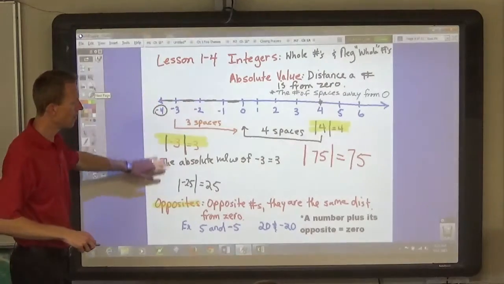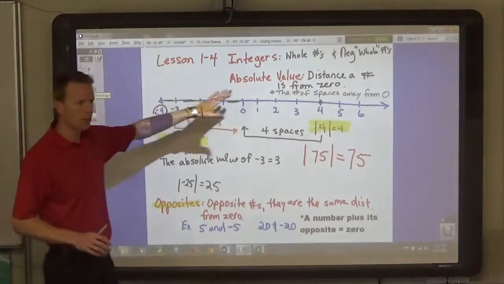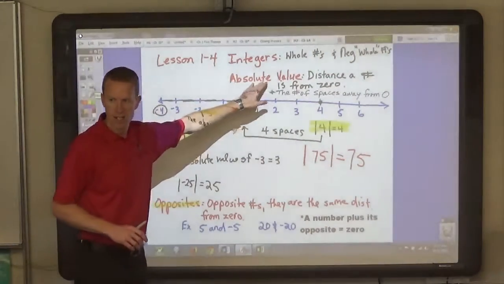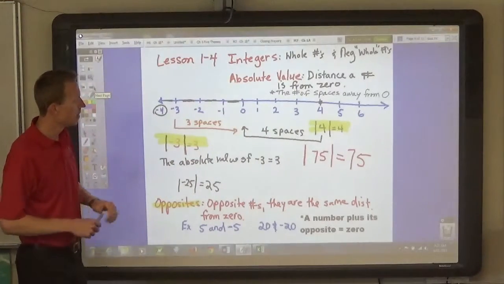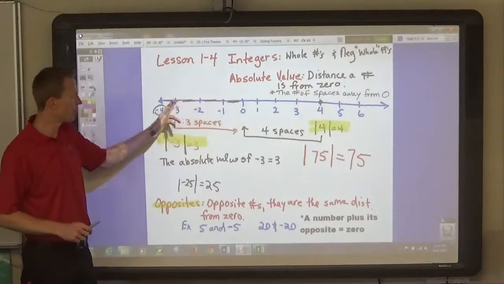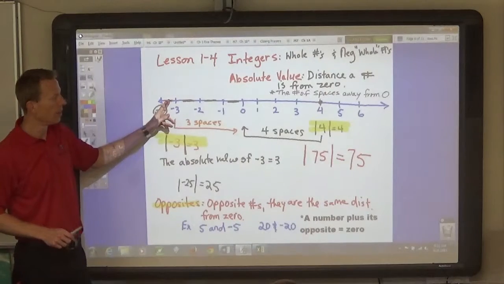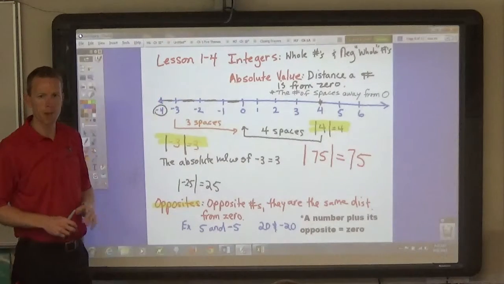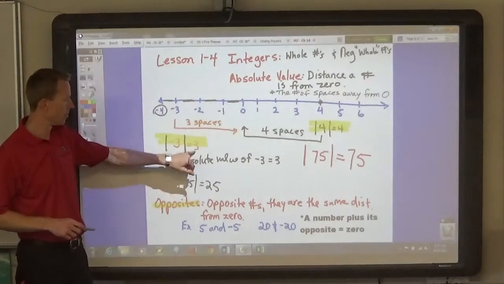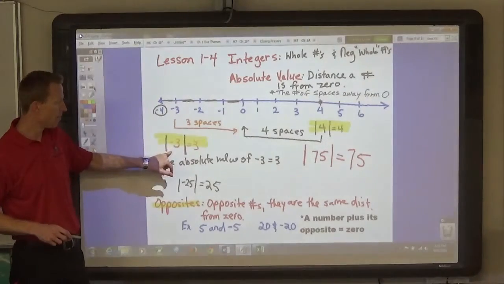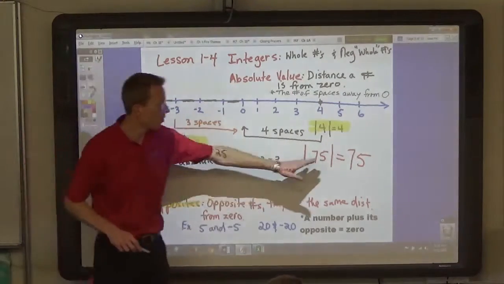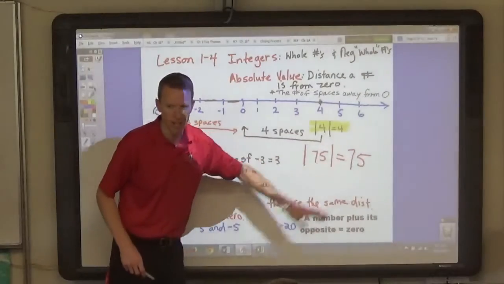Integers and absolute value. Remember, absolute value is the distance that a number is from 0. It's the number of spaces that it is from 0. And so the absolute value is always a positive number. The absolute value of negative 3 is 3. The absolute value of 75 is 75.